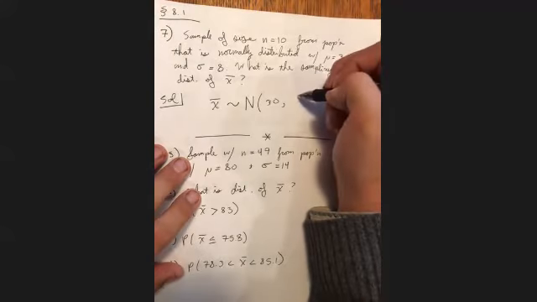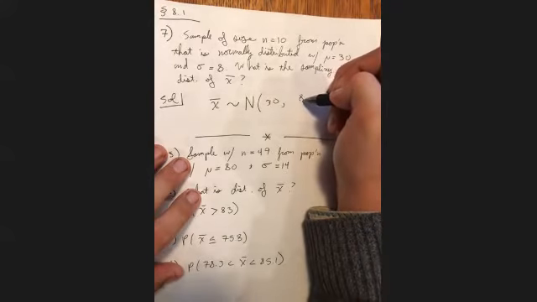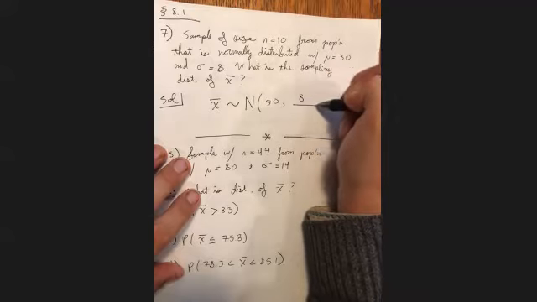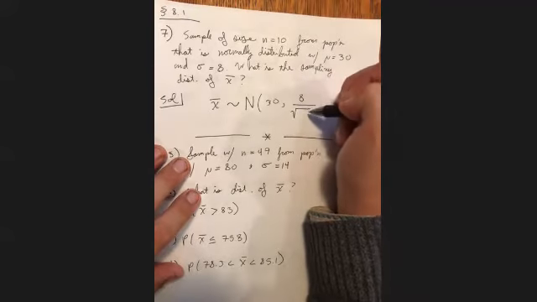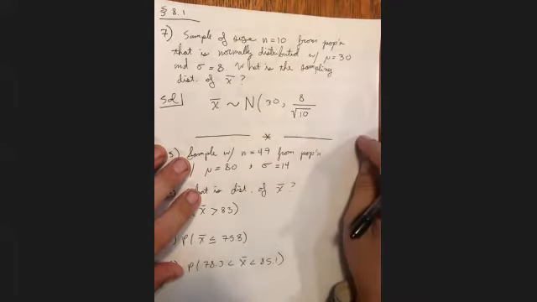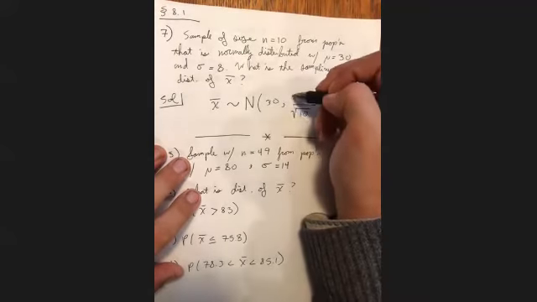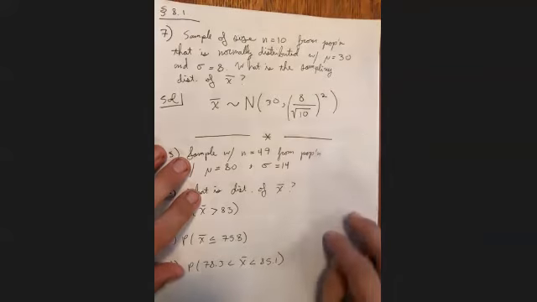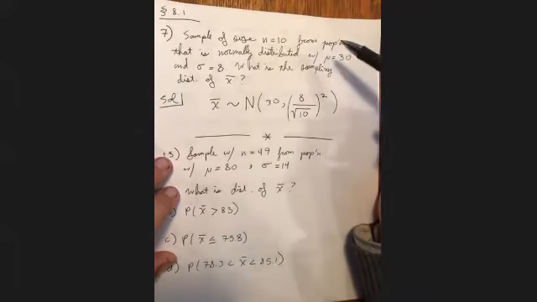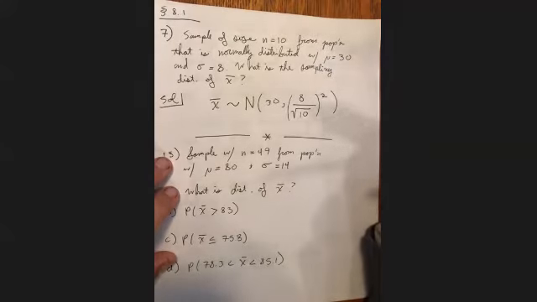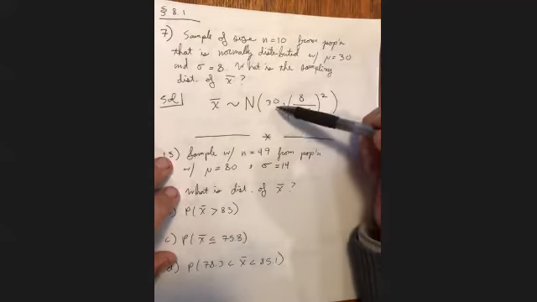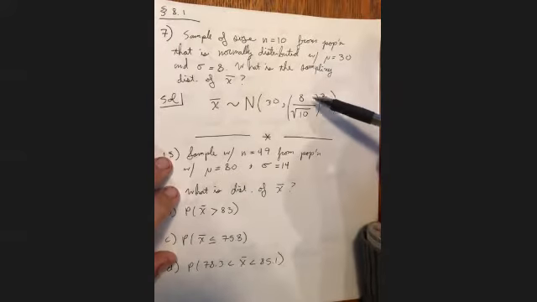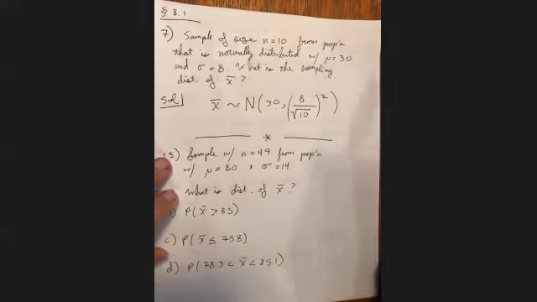So it's the population standard deviation divided by the square root of the sample size. And then this is supposed to be a variance, so I take that and square it. So as long as our population is normally distributed, then so is the X bar distribution, and it has a mean of 30 and a variance of 8 over square root of 10 squared, or a standard deviation of 8 over square root of 10.